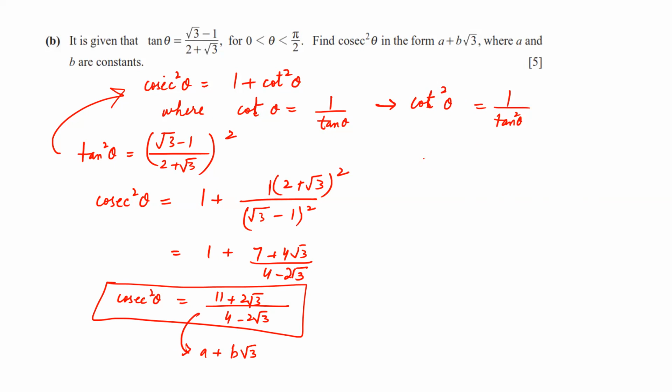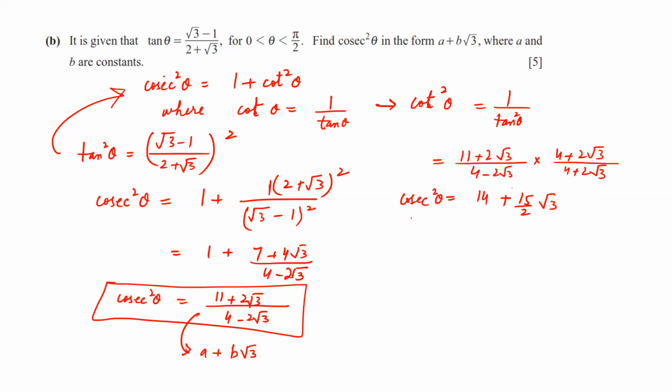Converting it into this form, it comes out to be 11 plus 2 under root 3 over 4 minus 2 under root 3. So multiply and divide by 4 plus 2 under root 3. After multiplying and dividing by this, it becomes equal to 14 plus 15 by 2 under root 3, and this value is equal to cosecant square theta.